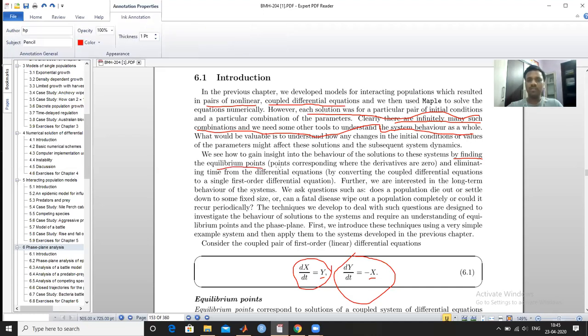These are the definitions given. These are the points where the derivatives are zero. We have already discussed this terminology: equilibrium point, stable fixed point, zero point, etc. There are so many names. So equilibrium points mean where the dynamics become constant, where the derivatives are zero.